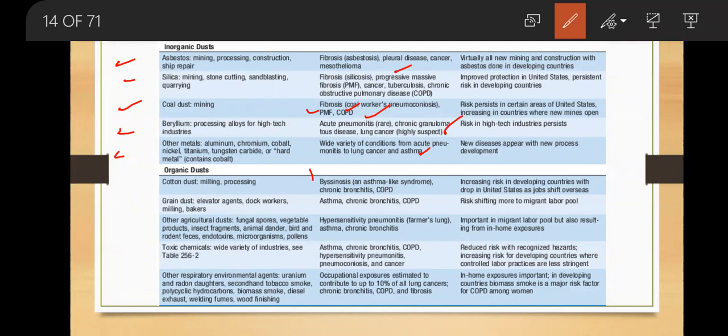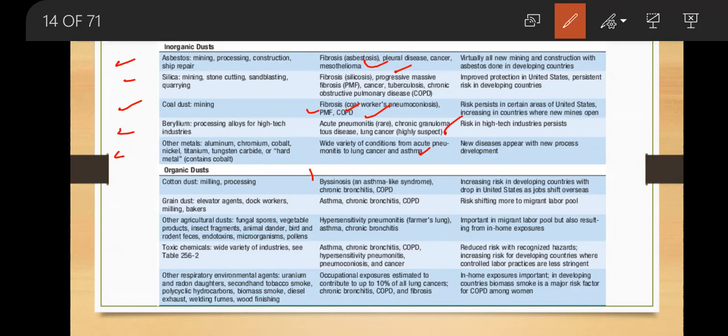Okay, so asbestos is famous for mesothelioma, beryllium is highly suspected for lung cancer, coal dust and silica are characterized by progressive massive fibrosis, and the others cause acute pneumonitis.